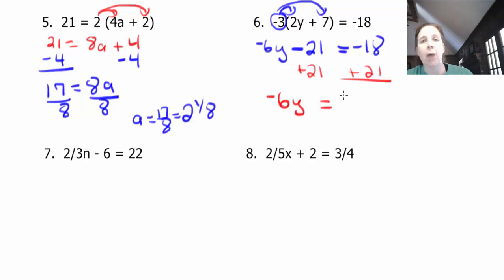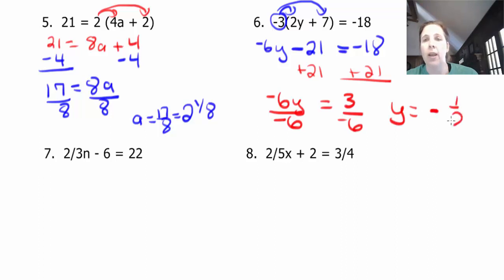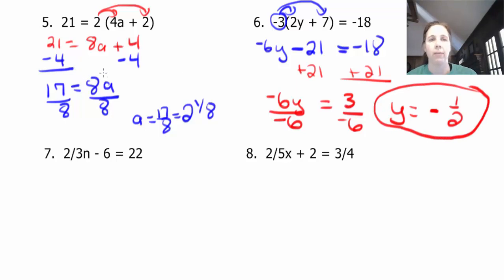So that's going to give you +3 because we have -$18 and then we pay them back $21. So we're actually in the positives. Okay, you want to isolate the variable, divide by -6. So y equals, don't forget to reduce, -1/2. Remember that negative can go anywhere as long as there's just one of them.